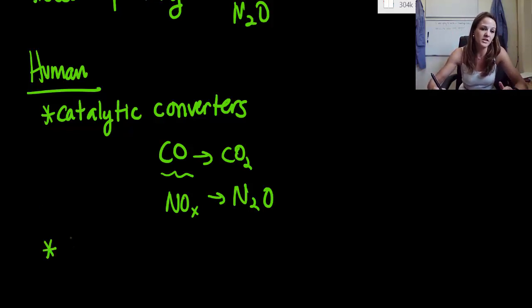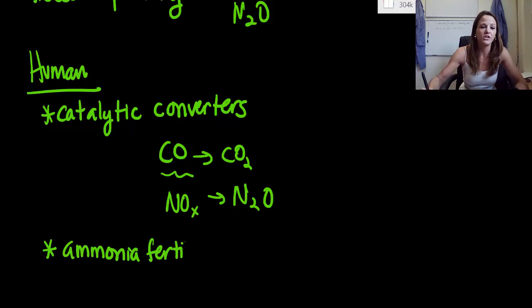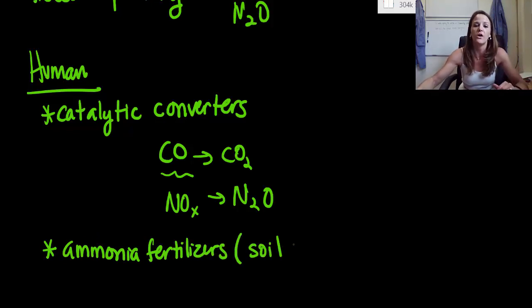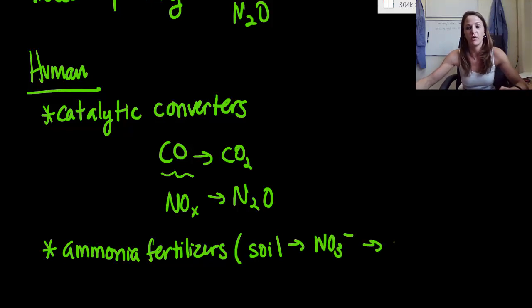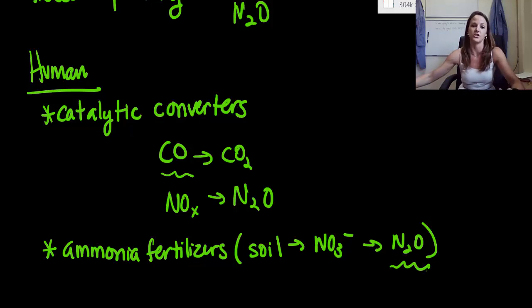All right, the next one we want to talk about is ammonia fertilizers. Now, ammonia fertilizers, it's the exact same chemistry as we discussed above. We have the soil, we have the bacteria, it breaks it into our nitrate ion, which then breaks it apart into all those different nitrogen-containing compounds, but specifically for us, the nitrous oxide.